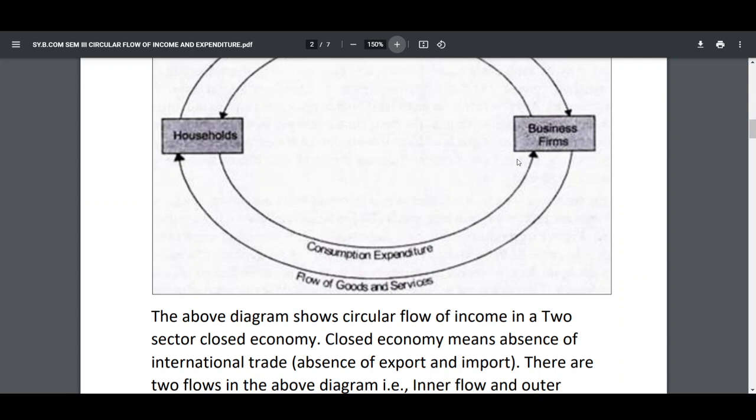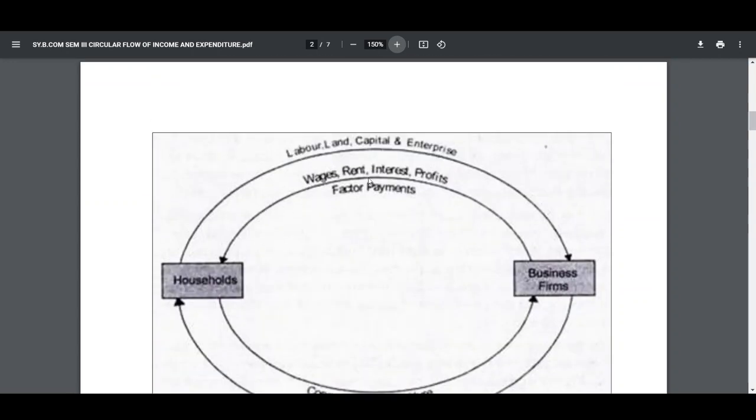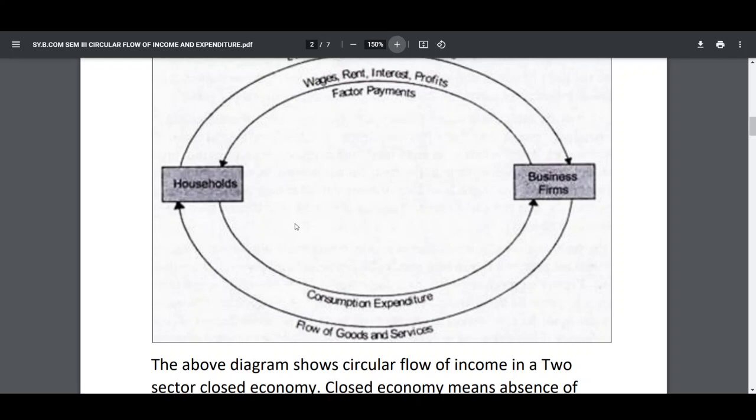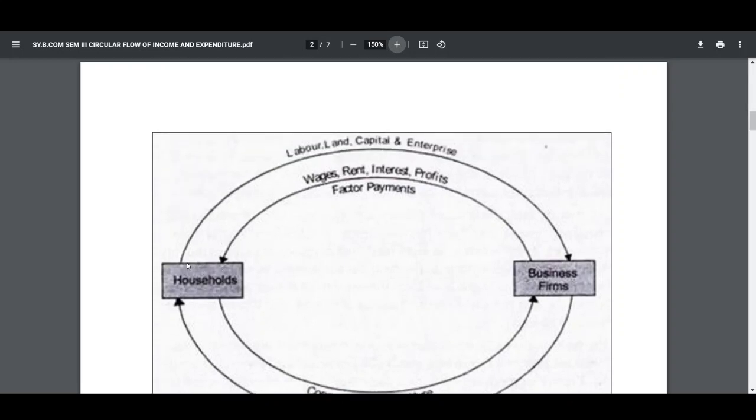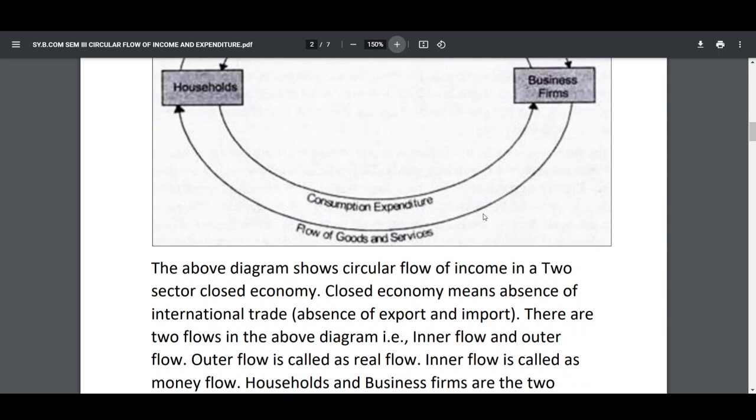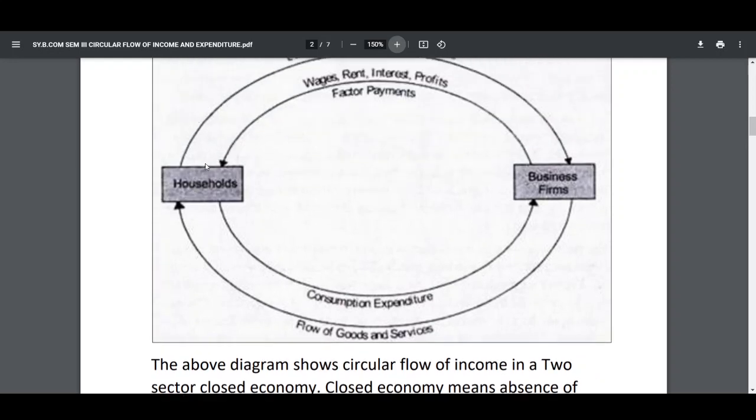So the inner flow is known as money flow and outer flow is known as real flow. In the outer flow, that is real flow, the households supply land, labor, capital and entrepreneurship to the business firms, and the business firms produce goods and services for the households or consumers.